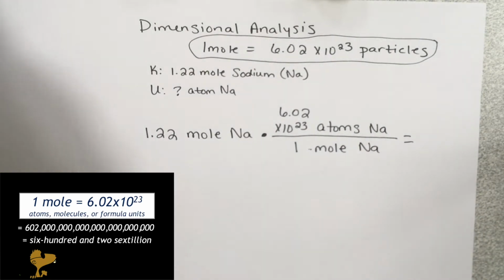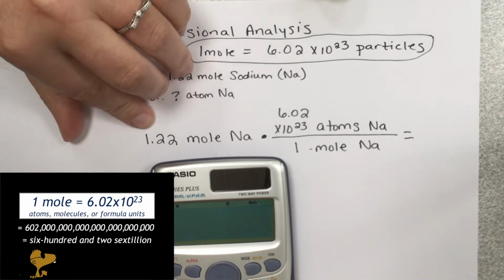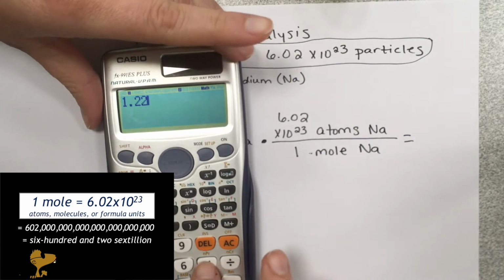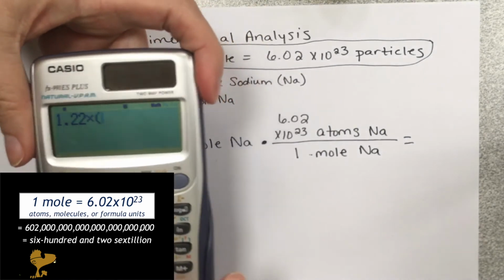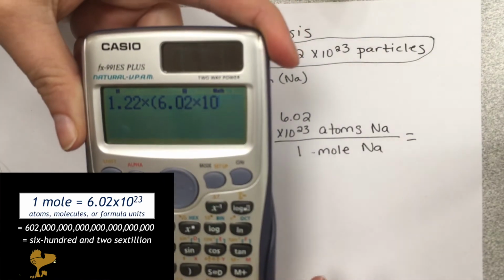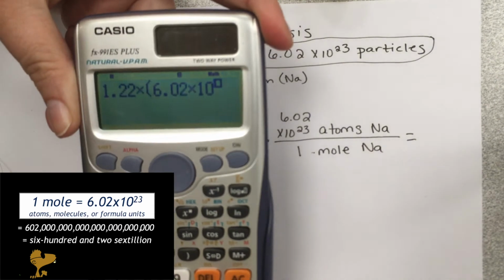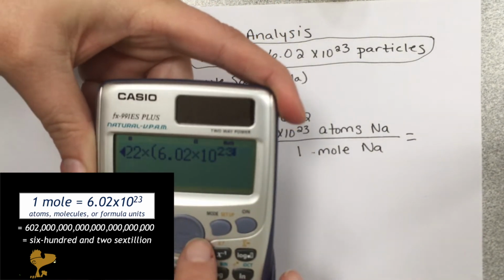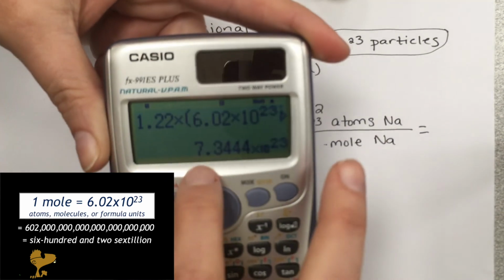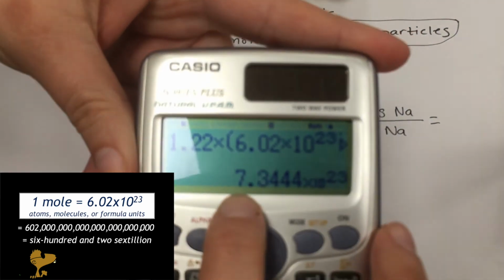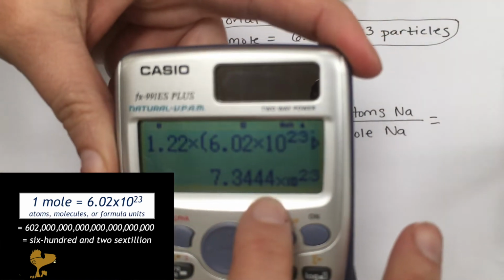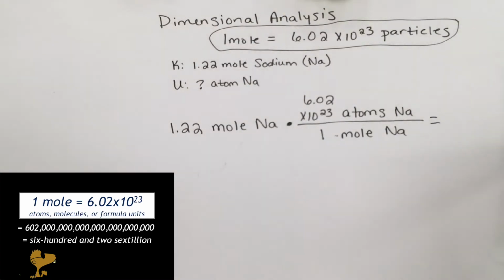So how I type it in the calculator: I just type in 1.22, times, and then I have my parentheses, and I just do 6.02 times 10, and then to the 23rd, and then in this calculator I just push over, close parentheses, equals, okay? So my answer is, I don't know if you can see it, 7.3444 times 10 to the 23rd, okay?